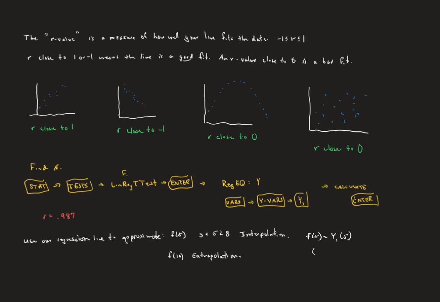The left parenthesis you will find right above the 8 button, then you just type in your 5, and then the right parenthesis is above the 9.